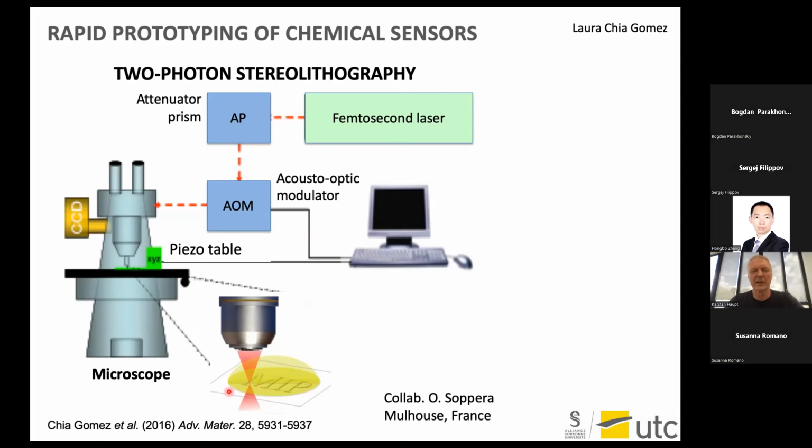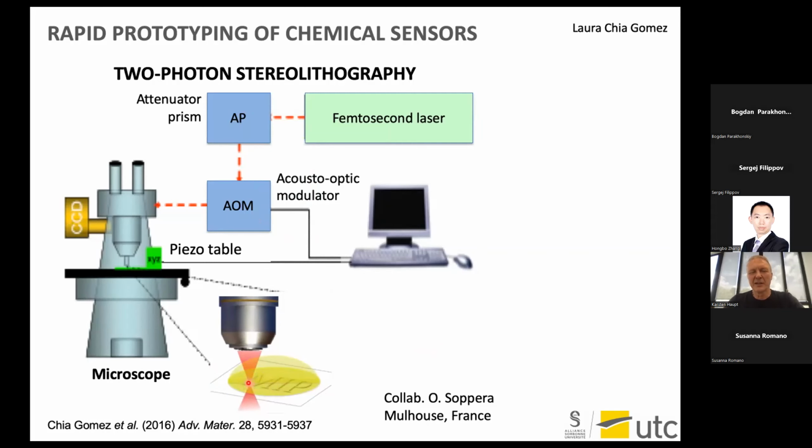Now, for example, we can put a droplet of the monomer solution and just focus our laser beam in a very small spot, which is called the voxel, which is about 200 times 200 times 600 nanometers in size. It's a little bit oval shape, like an egg.